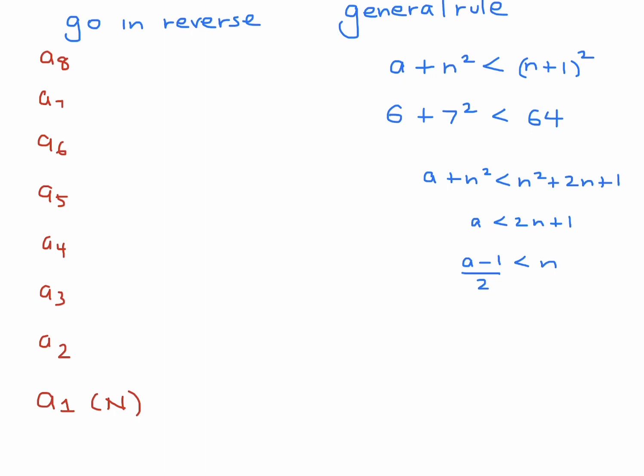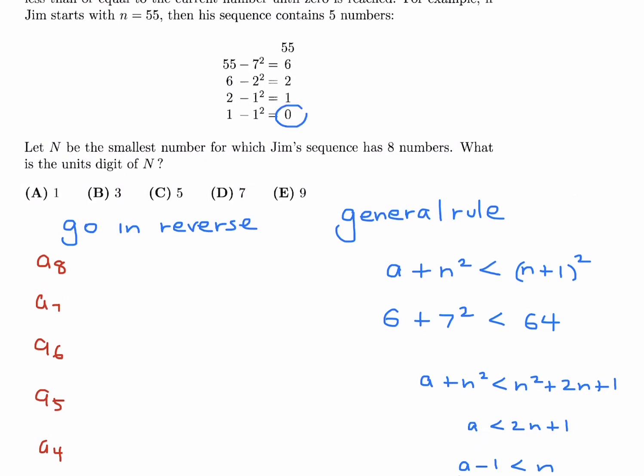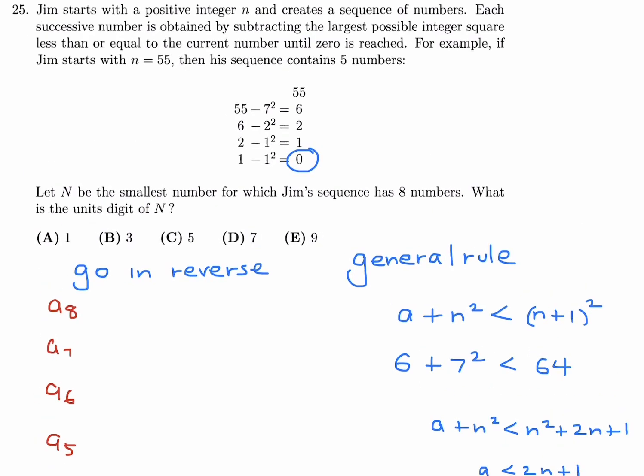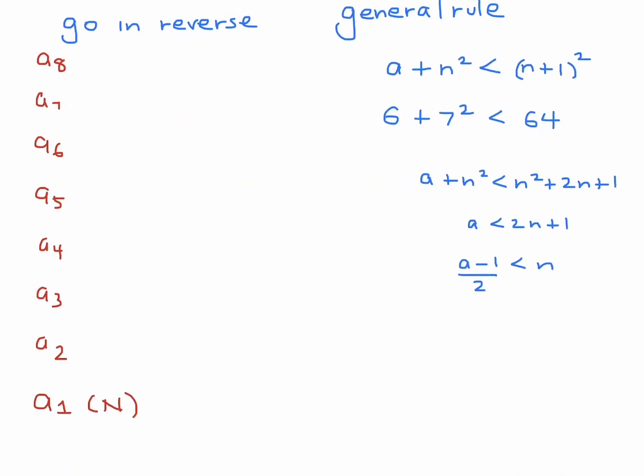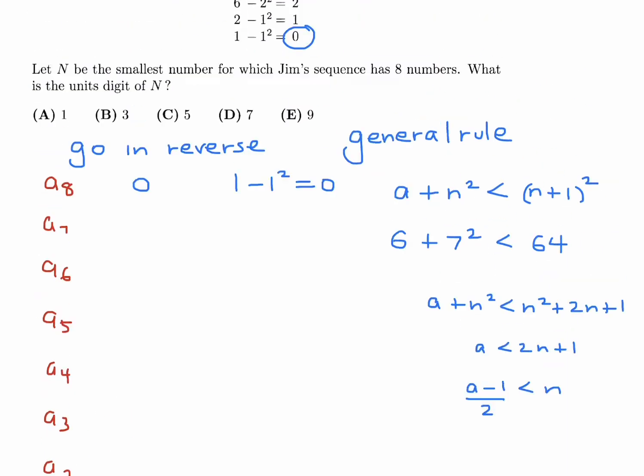We have to end with the 0, right? That's the criteria. Until 0 is reached. So my A8 has to be a 0. Now we start employing this rule. How do we get to a 0? Well, just as before, we had to have taken 1 and subtract from it 1 squared in order to get 0.